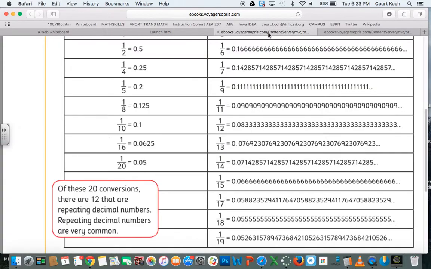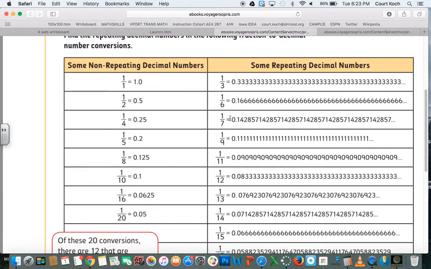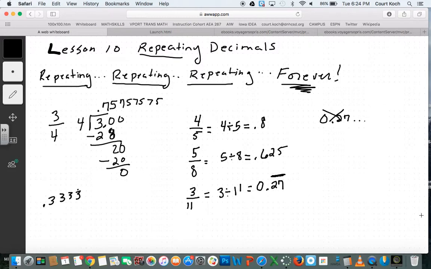Let's go back to that book and look at some examples. Let's take that 1/7: 0.142857. That's a big one. 142857, and the whole thing repeats.